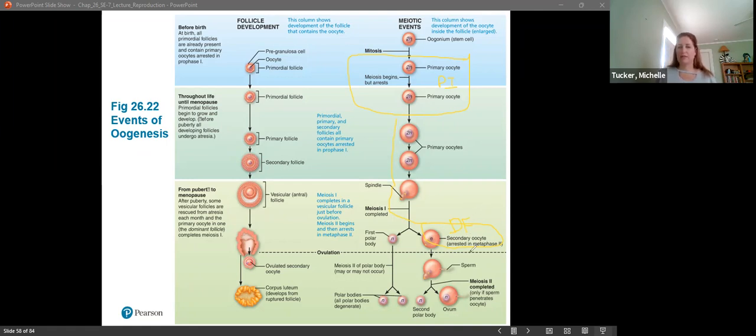And then it arrests again in metaphase 2. It does not complete meiosis until it is fertilized. So the sperm fertilizes the secondary oocyte. Meiosis 2 is rapidly completed, forming a second polar body and then an ovum.